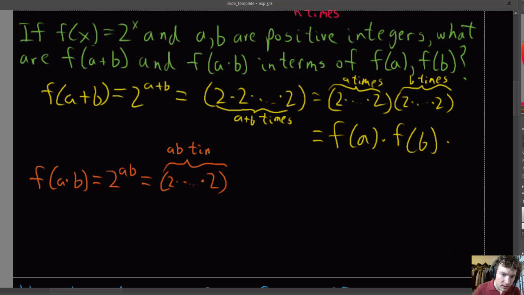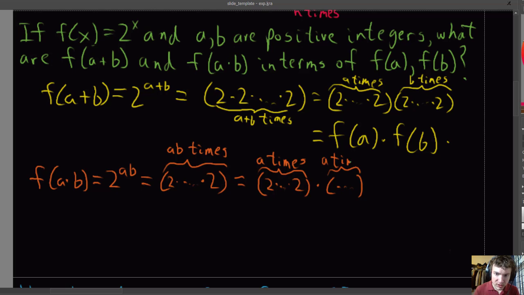But we can split that total of ab times into b copies of 2 multiplied by itself a times. So here's one group of 2 multiplied by itself a times, and then we're going to multiply by another copy of 2 multiplied by itself a times, and we're going to repeat those groups of a so that there are b total groups of a.